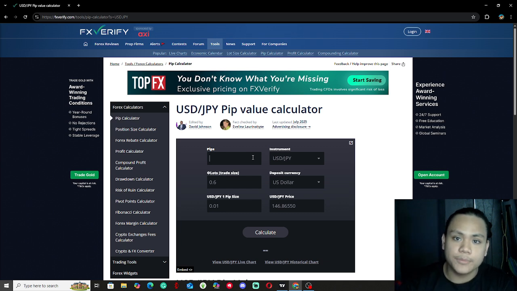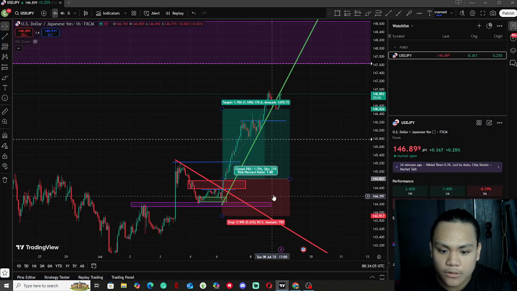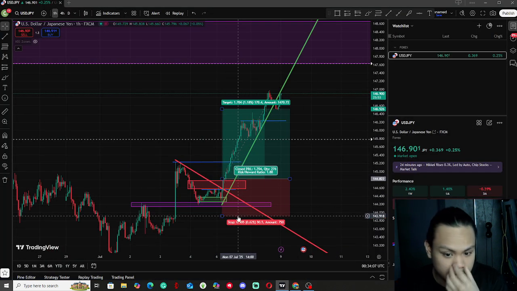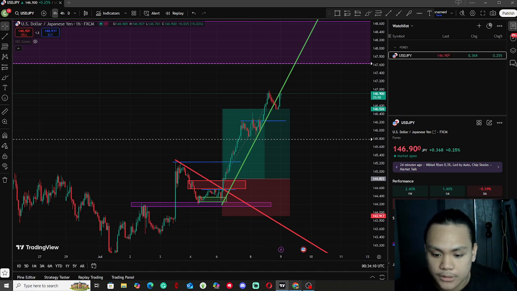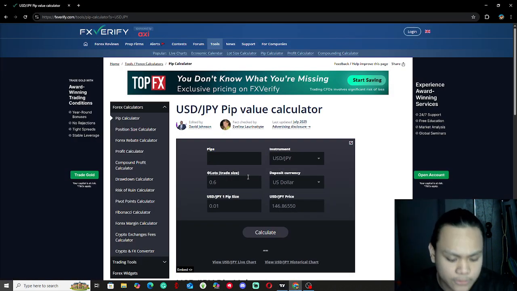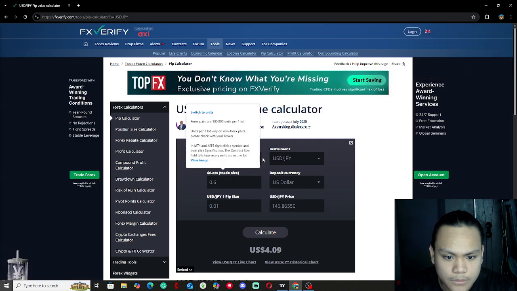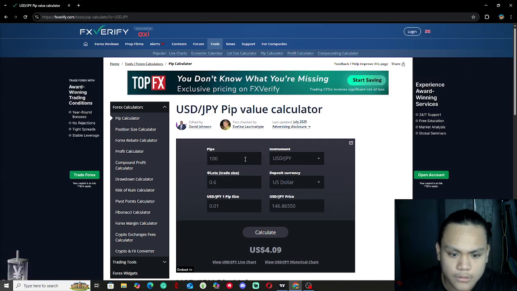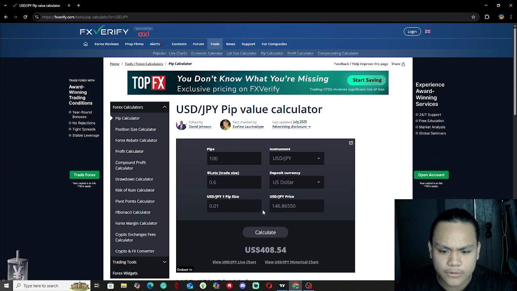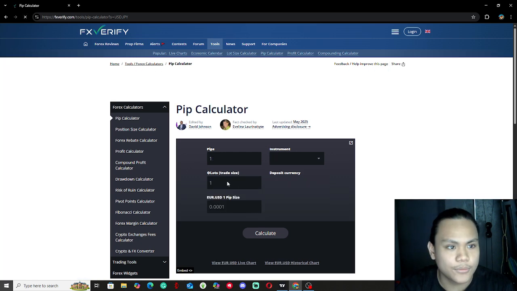Usually I do 100 pips when I have a stop loss, but it's only 90 pips. See, I shortened it. So instead of risking $40, how much was I risking? Why 379? Wait, again, hold on. What is going on? Just 100 pips, 0.6. Why $408? Oh, wait, wrong. Wait.